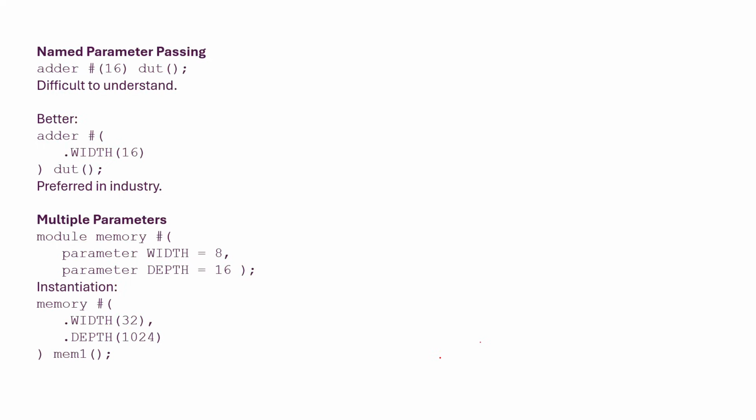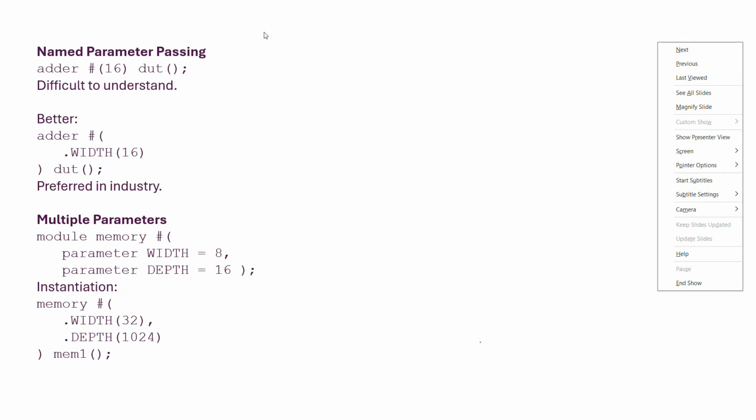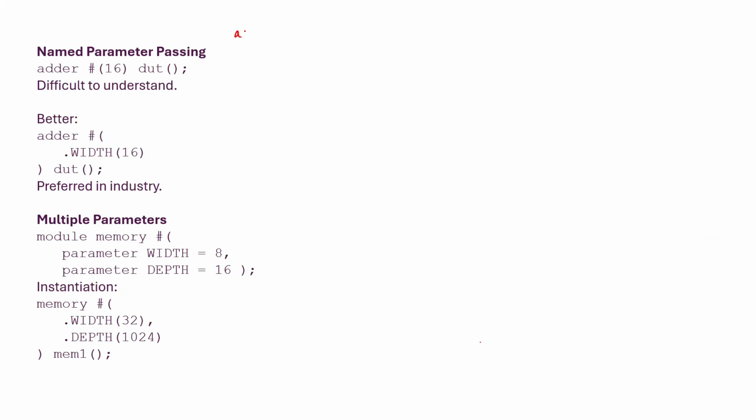Suppose position-based means you need to write A, B, C values in the same order. Suppose A, B, and C are the inputs, and sum and carry are the outputs. Same order we need to write: A, comma, B, comma, C, comma, sum, comma, carry.